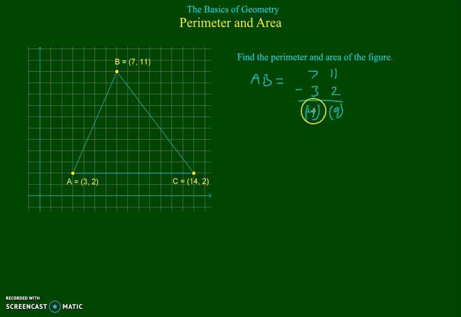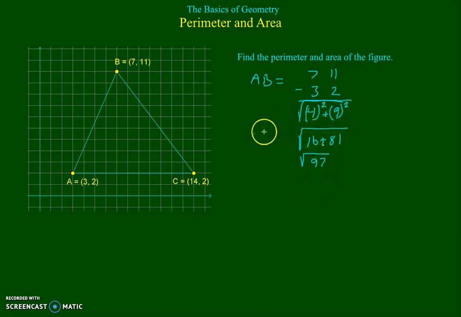So that's the difference of the x's, squared, added to the difference of the y's squared, under a square root. Difference of the y's is 9. So that gives us the square root of 16 plus 81. So that's the square root of 97.